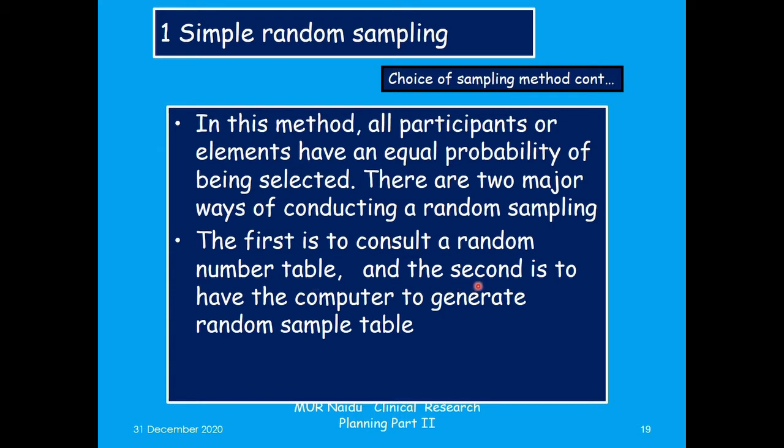But the most common way of generating the simple random sample is using a computer-based program to generate a random sample table. So these are the two methods: a random number table or a computer program.